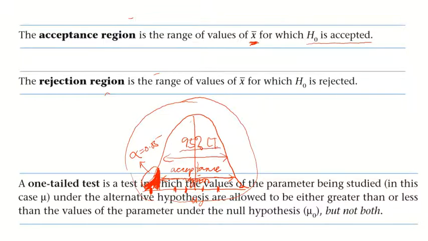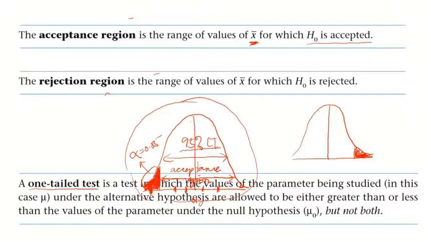If alpha happens to be on one side of our t distribution, like the one here, or if I have another t distribution where alpha is placed somewhere here at the rightmost part, then we are performing what we call a one-tailed test.